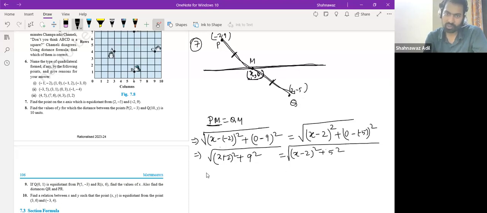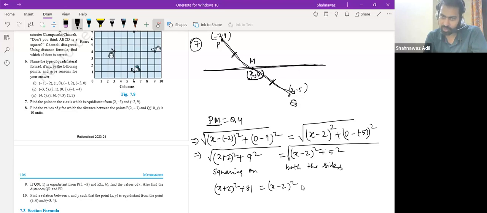So this would be x plus 2 whole square, and we can take the square on both the sides, right? So squaring on both the sides, this would be x plus 2 whole square plus 81, equal to x minus 2 whole square plus 25.